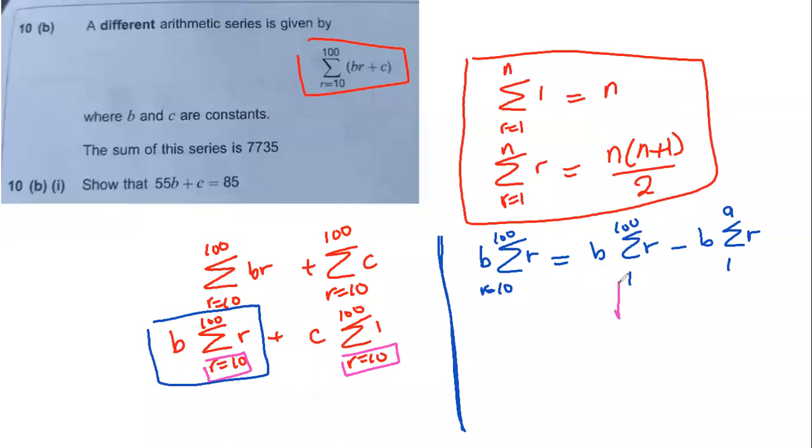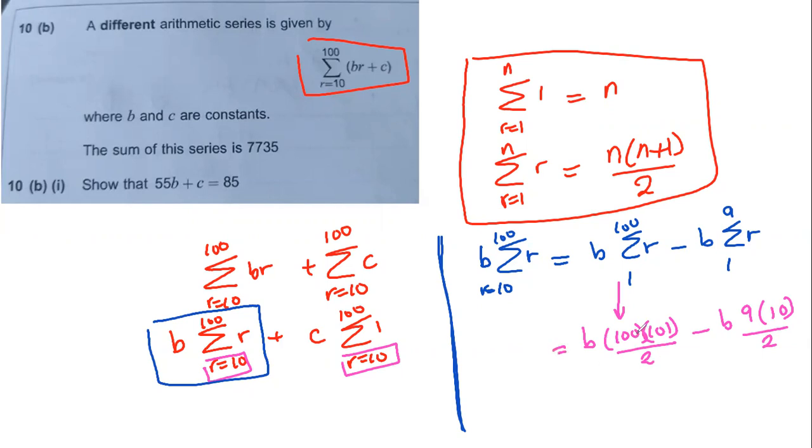So here, this becomes b into 100, which is the n, times 101, all of that over 2, and the second one is 1 to 9, so that will be b into 9 times 10 over 2. Good. Now, with a bit of arithmetic, we can find the result of the summation from 10 to 100 of that expression. So let's do that.